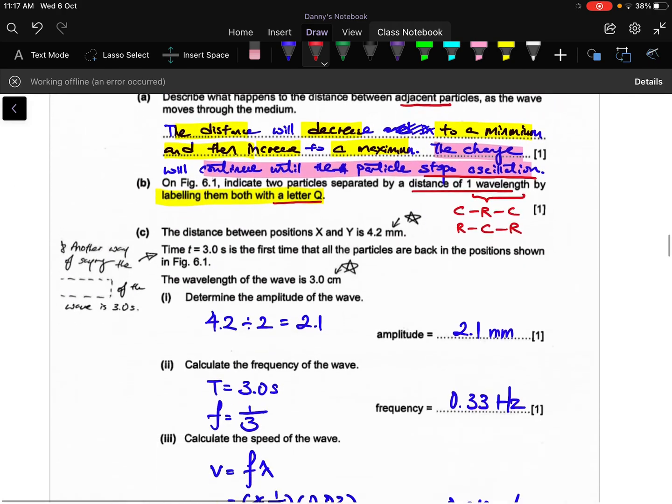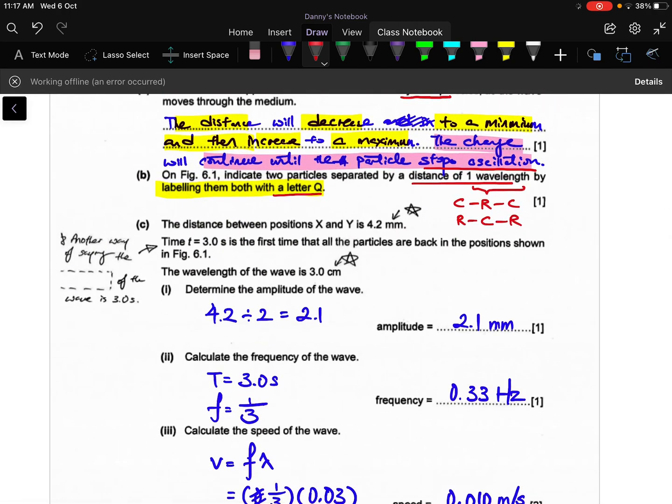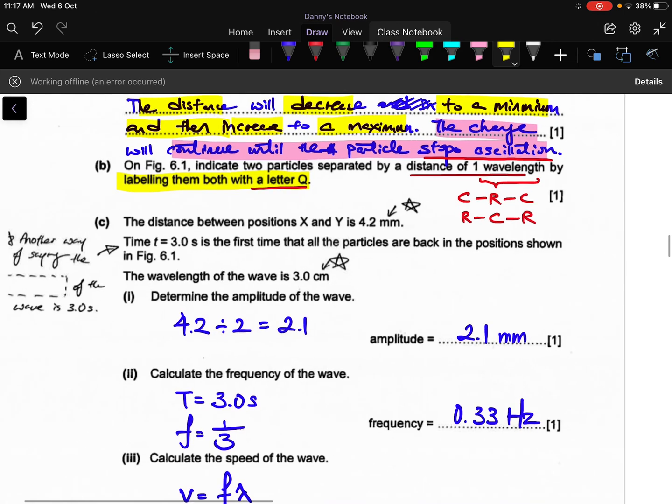Yeah. For part C, be very careful. I do not know why PHS likes to play around with you in terms of the unit. This is in mm, not meter. Now they also rephrase it: instead of telling you that this is the period, they say that time equals 3 is the time taken for the particle to come back to the original position.